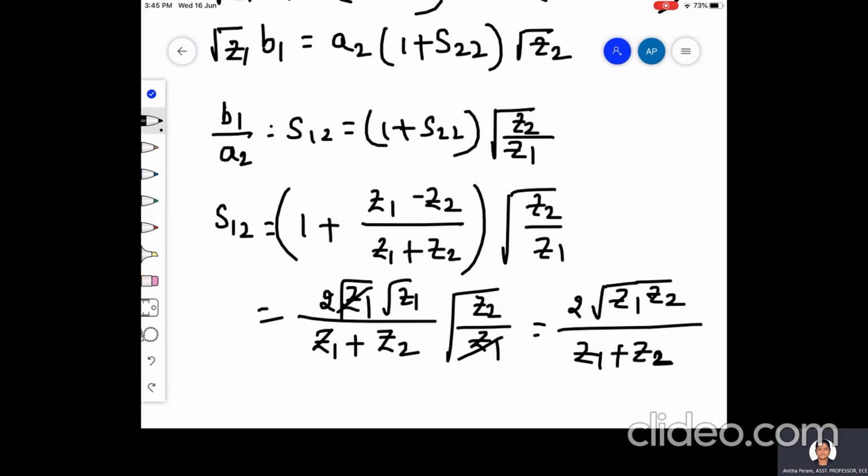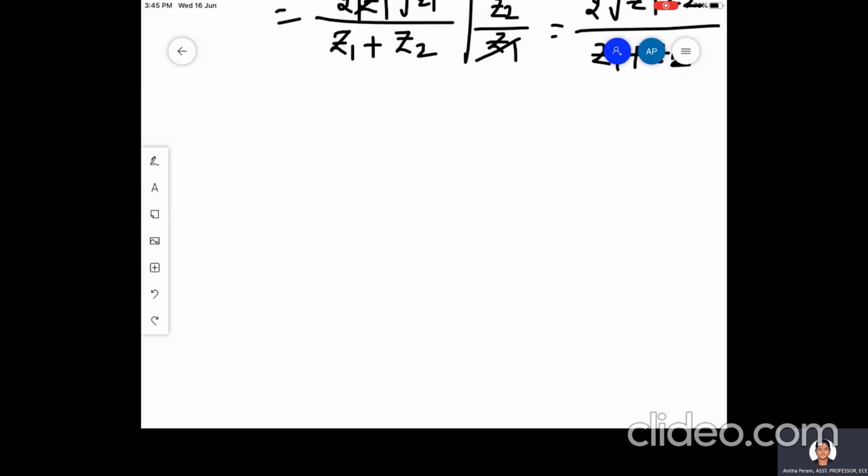Now you can write down all the parameters in terms of S parameters at plane PP dash of the given two transmission line network. Therefore the S matrix will be: four parameters you have, that is S11, S12, S21 and S22.